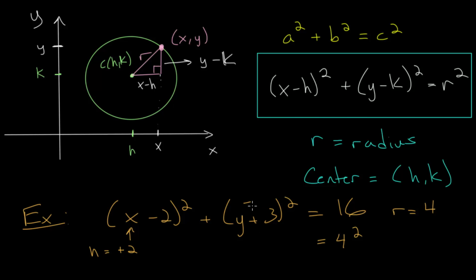But this is the same thing as subtracting negative 3. So the y value of the center, k, is negative 3. And the other way to look at that is think about which y value makes this expression 0. That would be negative 3 in this case. So the center of this circle has an x value of 2 and a y value of minus 3.